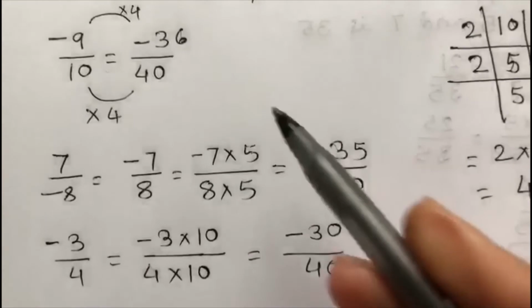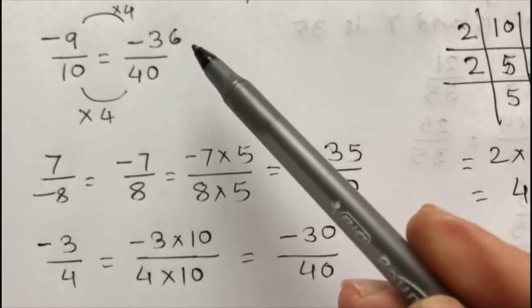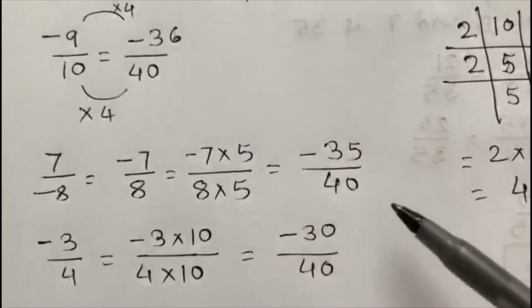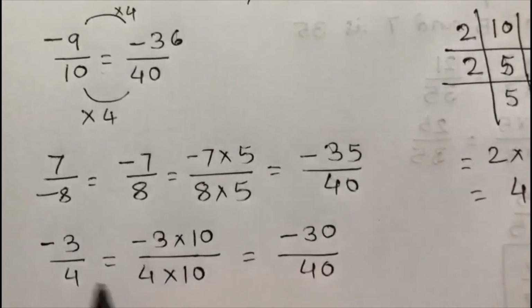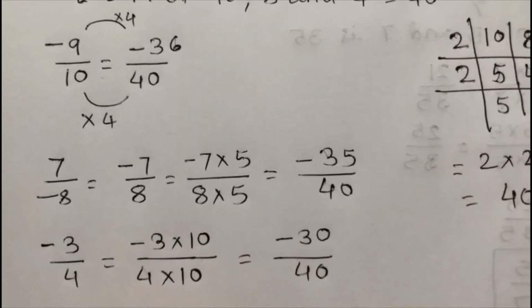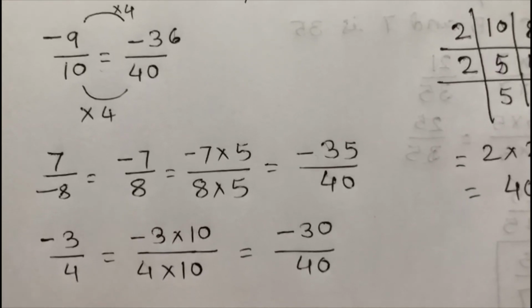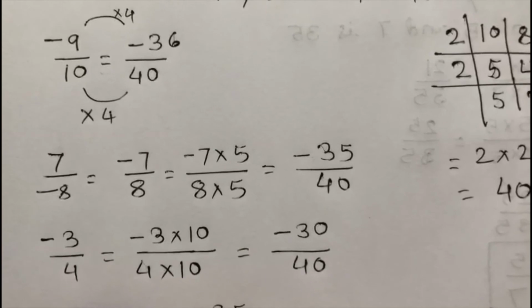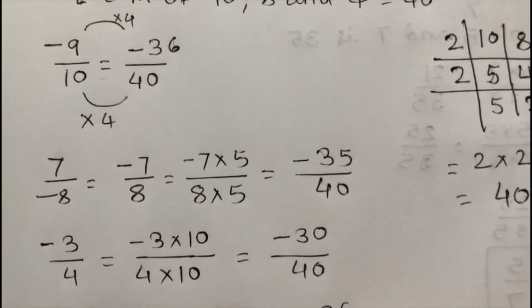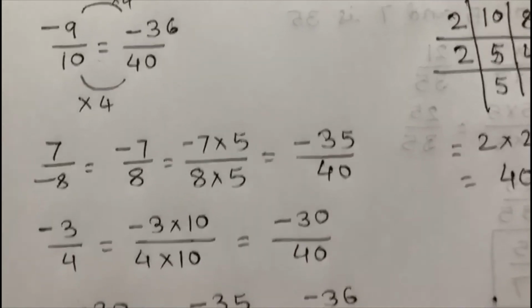Now you can see here for all these three fractions we have the same denominator as 40. So I write all these three fractions: minus 30 divided by 40, minus 35 divided by 40 and minus 36 divided by 40.